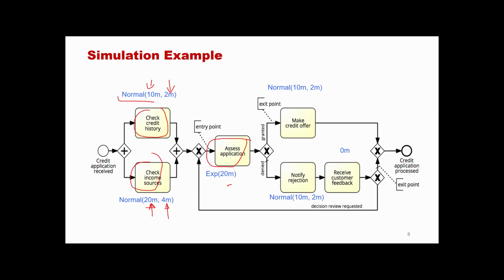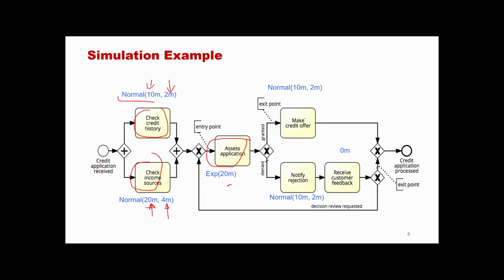So that kind of application will require a lot of discussion among the credit officers. So those cases might take 1 hour or 2 hours. So most cases take around 20 minutes or less, and some take 1 or 2 hours. So most likely I can model that via an exponential distribution.